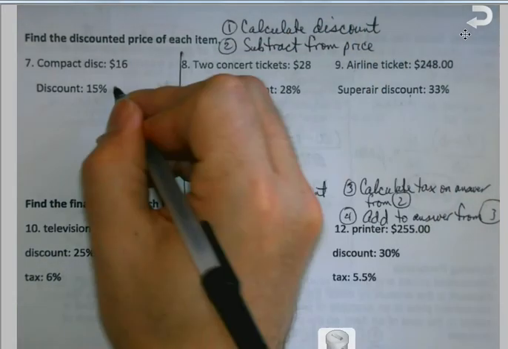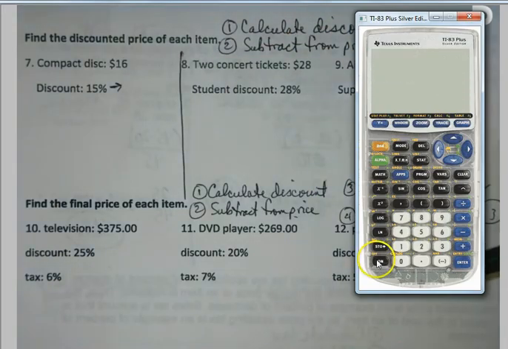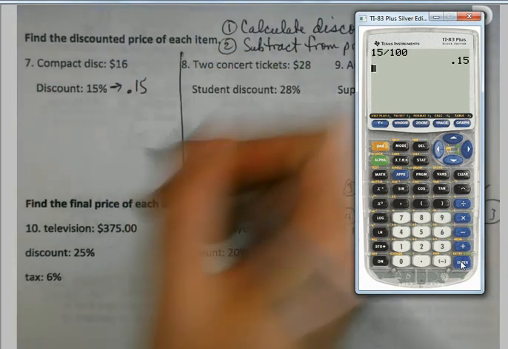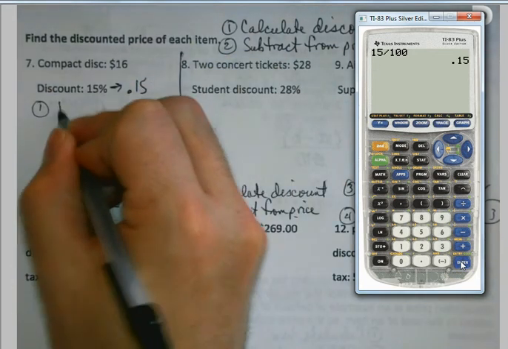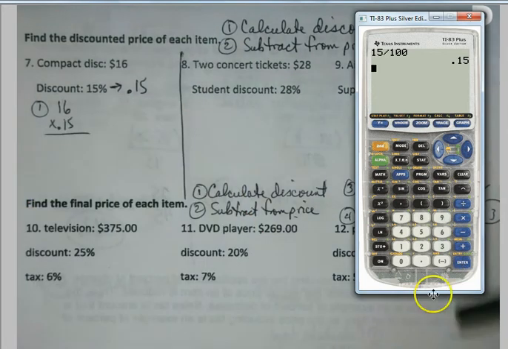So for instance here, okay, so 15%, so I'm going to use 0.15. So I'm going to do 16 times 0.15 to figure out what my discount's going to be.